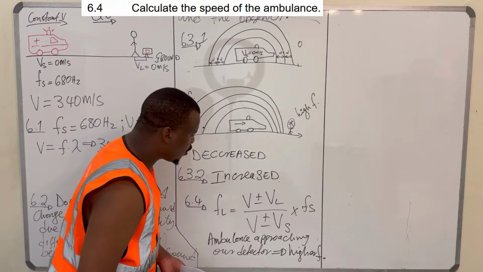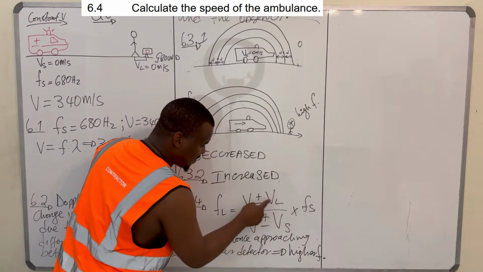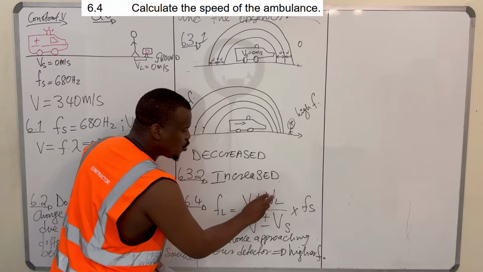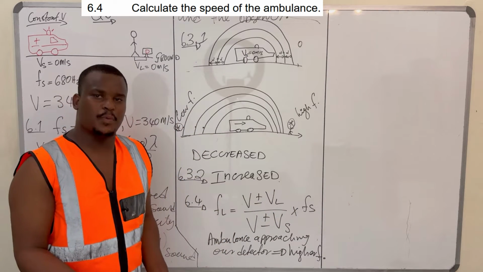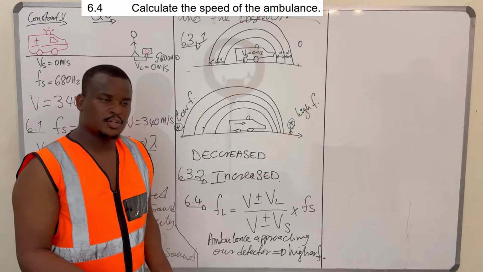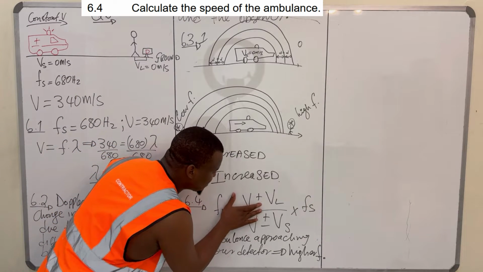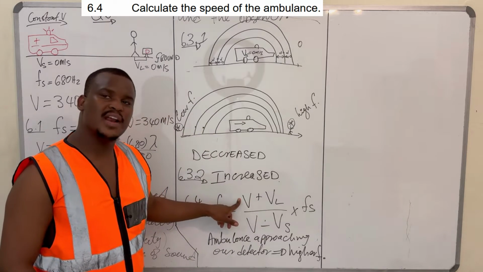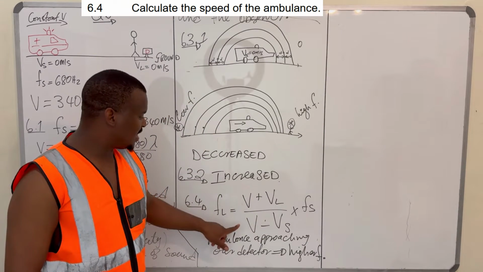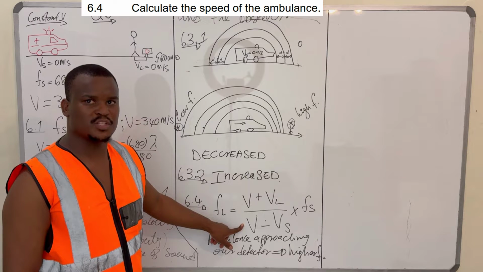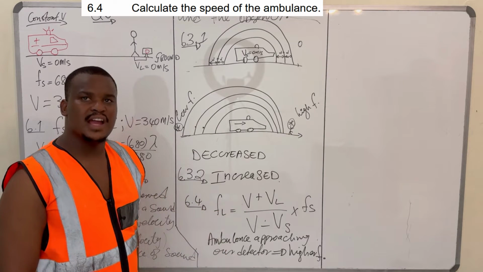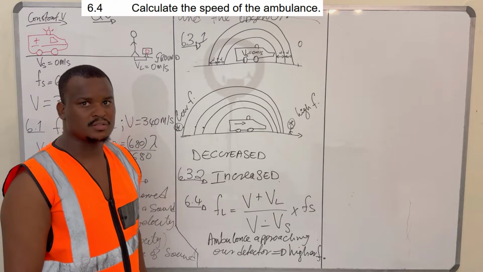Because the frequency of the source is multiplying the top, you want the top to be as big as possible. So at the top we should have a plus, and at the bottom we should have a minus. This plus will make the numerator as big as possible, and this minus will make the denominator as small as possible. If the ambulance was moving away, the signs would be the other way around.